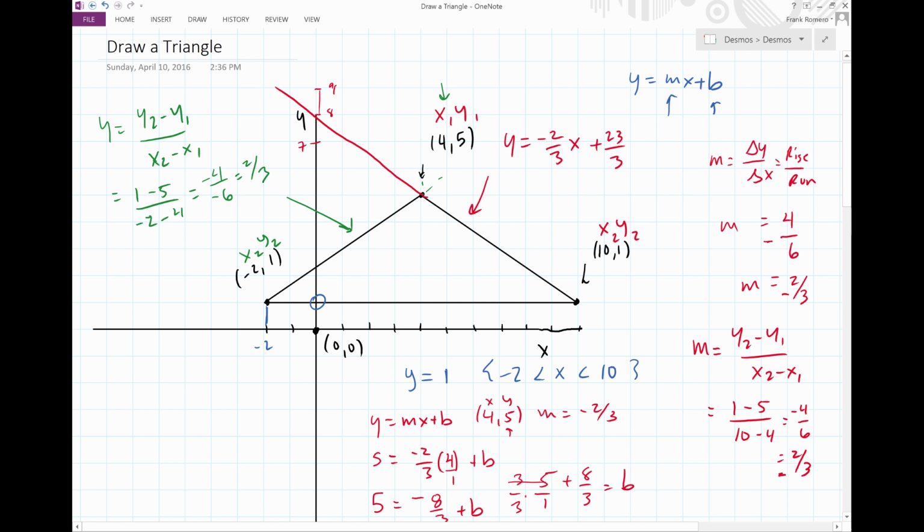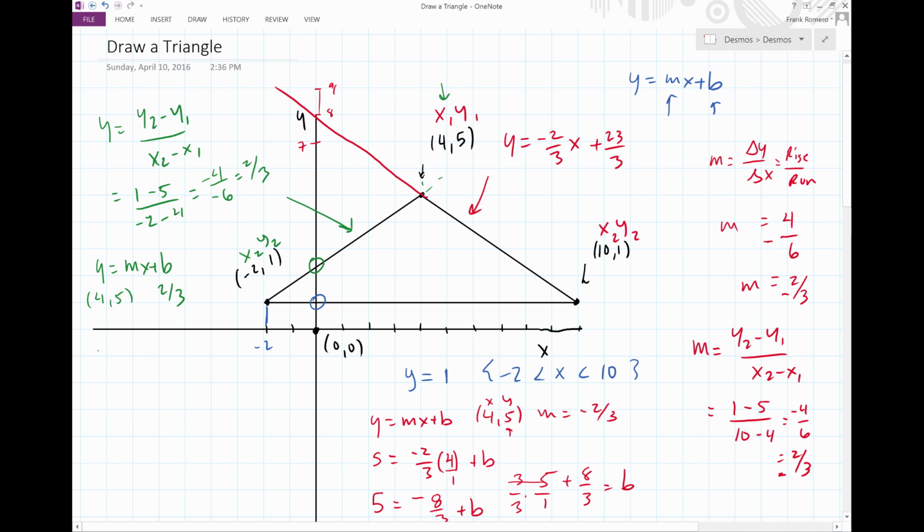And where does it hit the y? Where is b? Well, we're going to do the same thing. We're going to go y is equal to mx plus b. We'll take the point 4, 5. We'll take our slope 2/3, and we'll find out what happens.